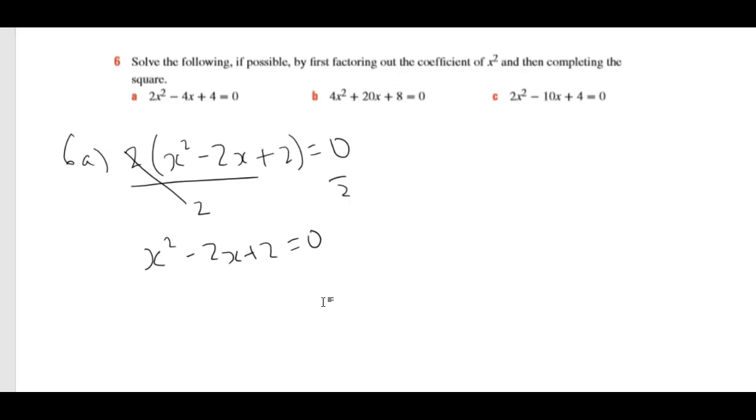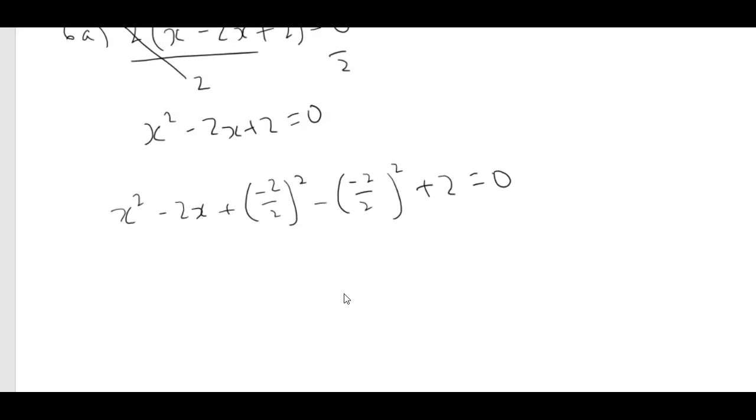And because we can do another example of completing the square, we'll complete the square. So we're going to have x squared minus 2x. The coefficient of x is negative 2, so we're going to add negative 2 on 2 squared, and then we're going to take it away, negative 2 on 2 squared plus 2 is equal to 0.